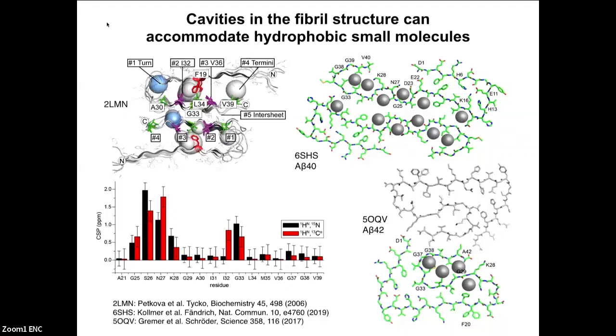And I just indicated here with these gray balls cavities where potentially a small molecule can bind. Again, we see large chemical shift differences in this GSNK loop. This is here. So we believe that Pittsburgh compound B occupies this cavity in the bound state, but it can also potentially accommodate and bind to cavity number 2.